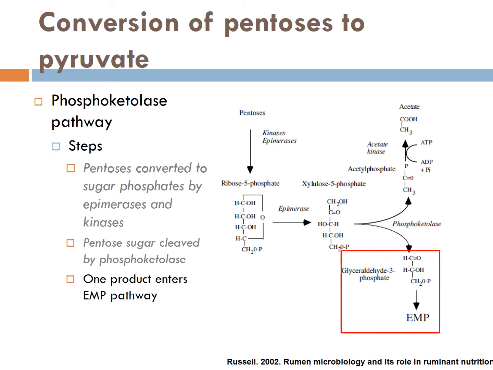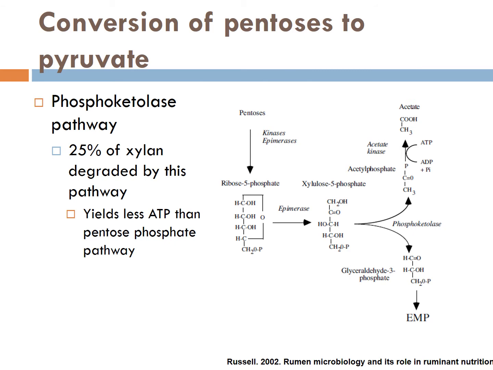Both acetate and glyceraldehyde 3-phosphate are produced, and the latter enters the EMP pathway. Some xylan, 25%, is degraded by this pathway. Less is degraded by this pathway because the pathway yields less ATP than the pentose phosphate pathway. You're not responsible for knowing the exact yield of ATP, just that the phosphoketolase has a lower yield.